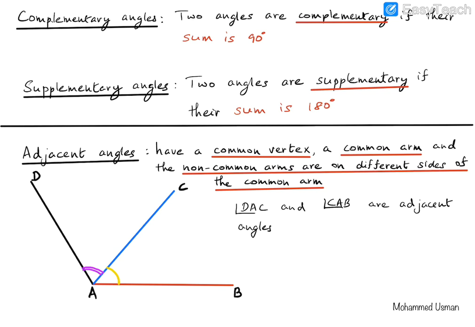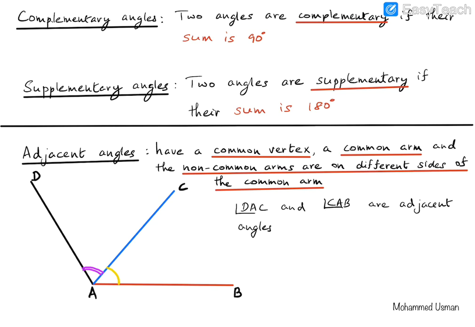Okay, how do we know that? Because they have the common arm CA, they have a common vertex A, and the non-common arms are on different sides. One is on the left side and the other is on the right side. Okay, so these angles are called adjacent angles. CAB and DAC are adjacent angles to each other.